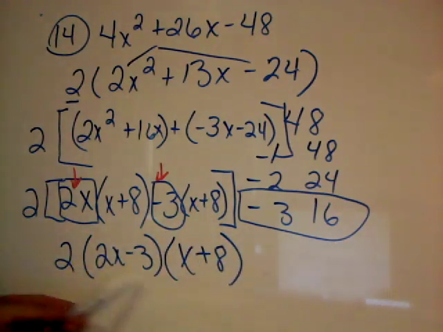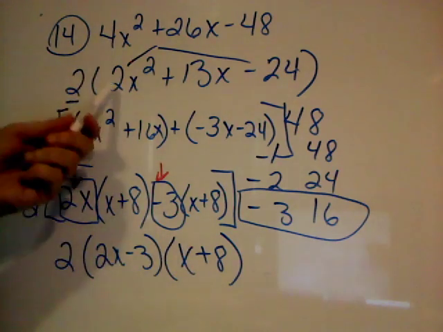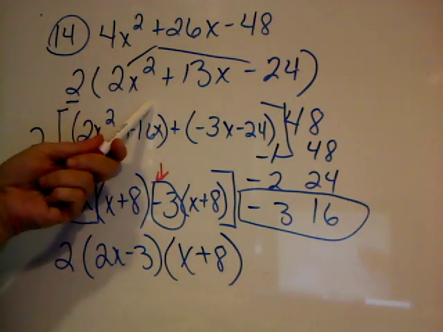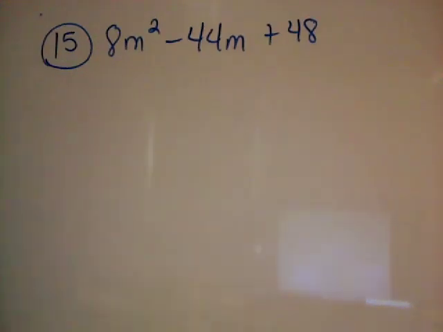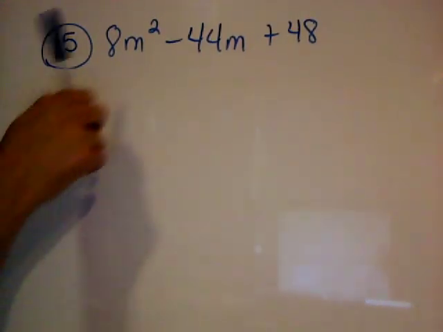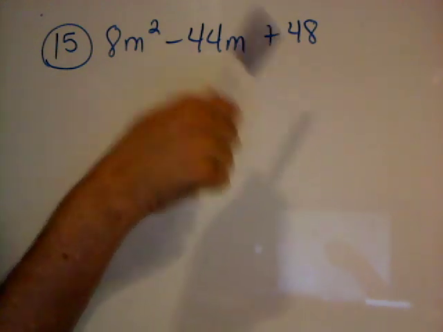This can be distributed back in. Full method would give you back to here, distribute back your 2, and you go back to your original equation.